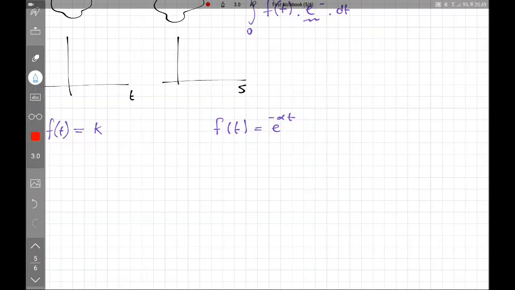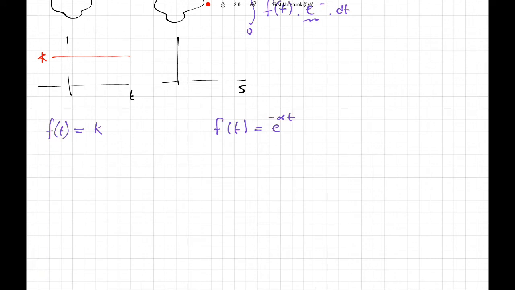The first function is basically a constant k. It can be drawn like this.